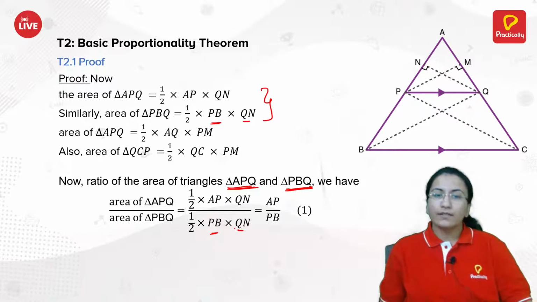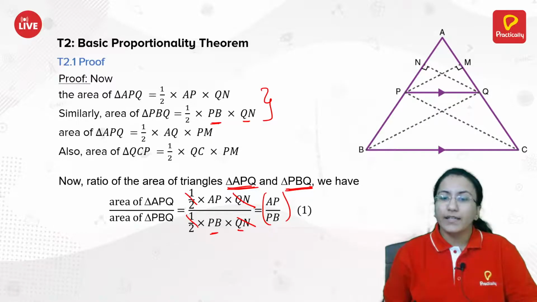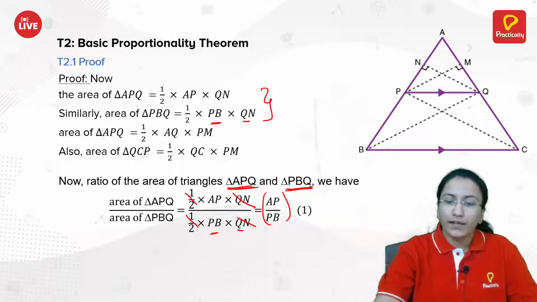Now QN will directly be cancelled and half will directly be cancelled. You will be left only with AP by PB, right?